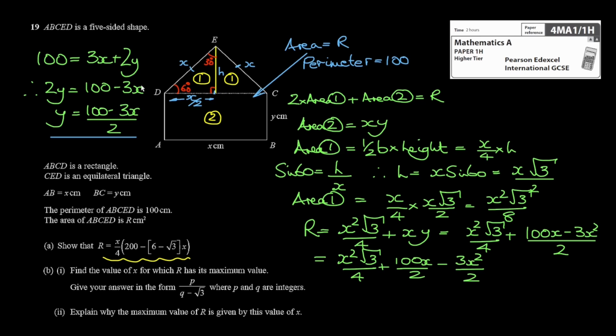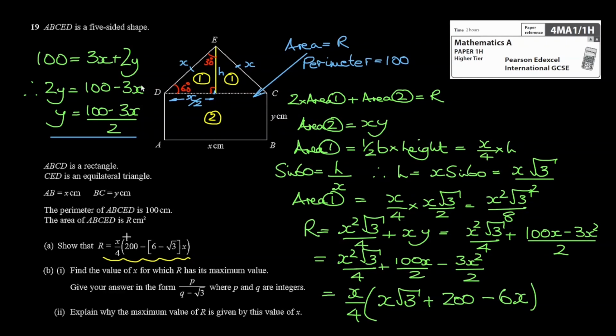Now, what have they done? They've taken a common factor of x over 4 out, so let's do the same. So if I take x over 4 out of everything, I get x root 3 plus, if I take x over 4 out, what I'm left with here is 200 minus, again, I'd have to multiply the top by 2, so this becomes 6x.